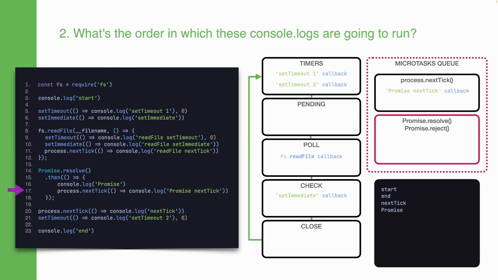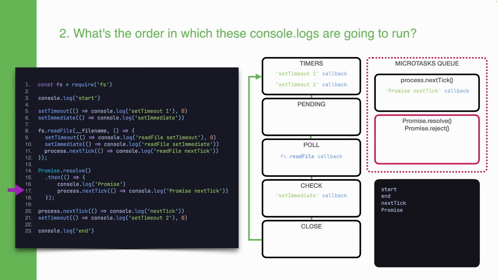You might think, hey, there's a new callback there now, and microtasks always take priority over macro tasks. Shouldn't it get executed right away? It's a valid question, and you'd be almost right.